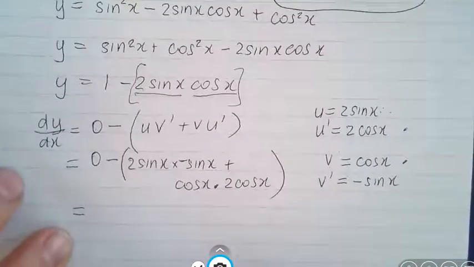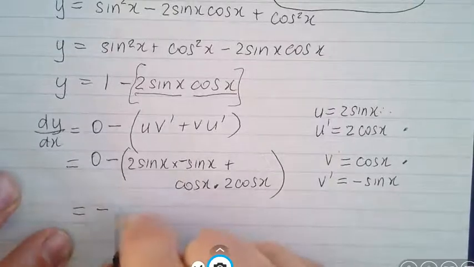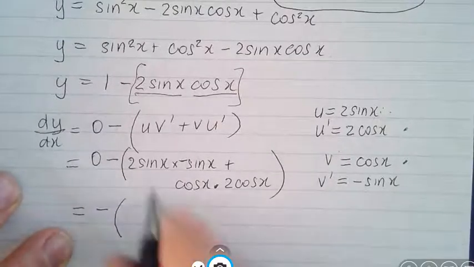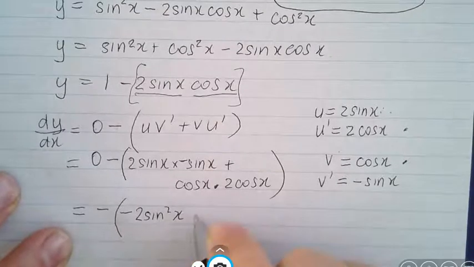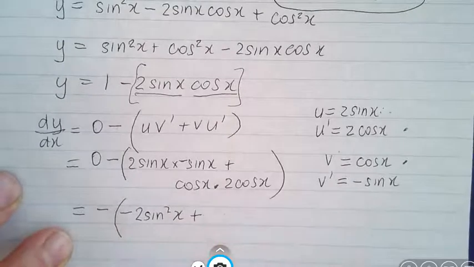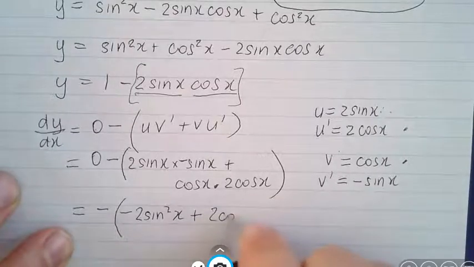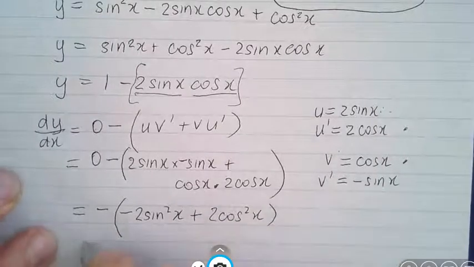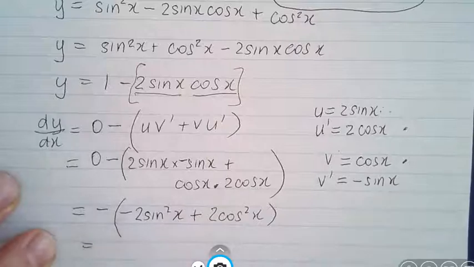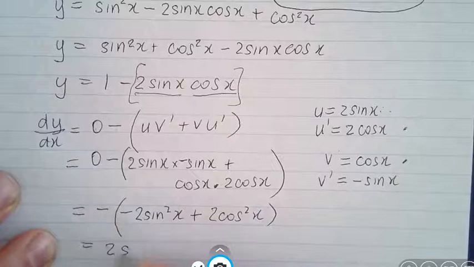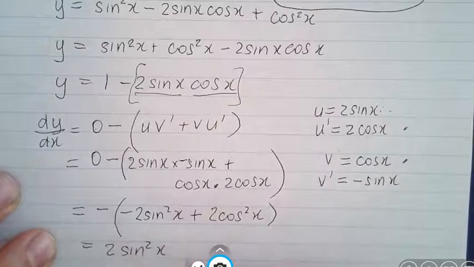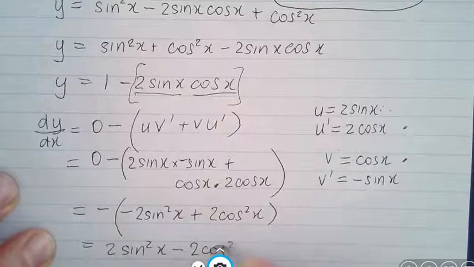Now, you okay? So it's 0 minus, so I'll just put minus, what have I got? Negative 2 sine squared x plus what? 2 cos squared x. Now, open your brackets now. What have you got? Negative times a negative. 2 sine squared x minus 2 cos squared x.